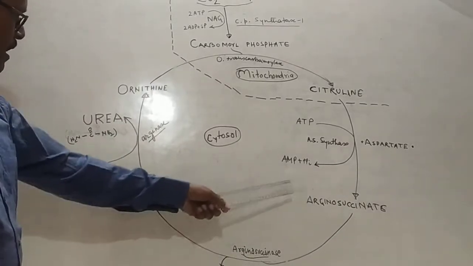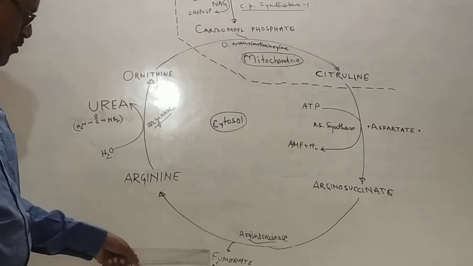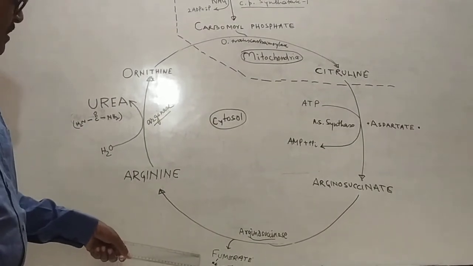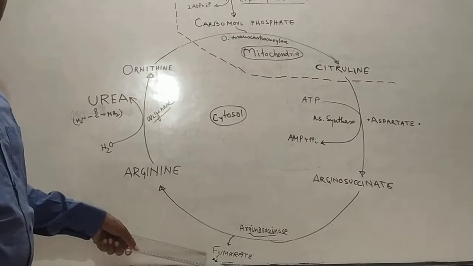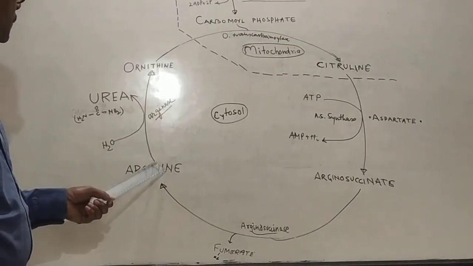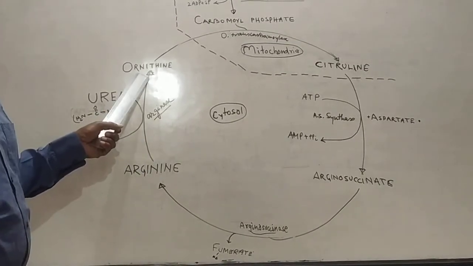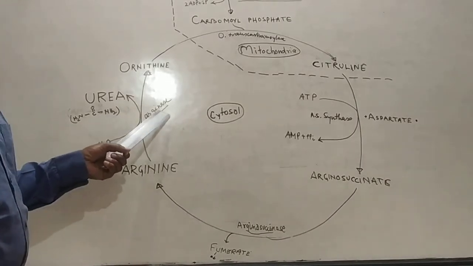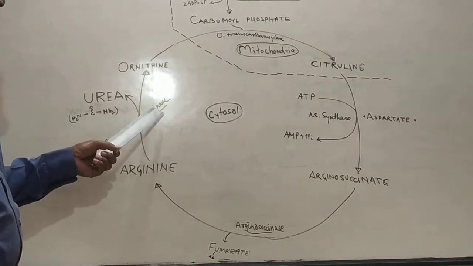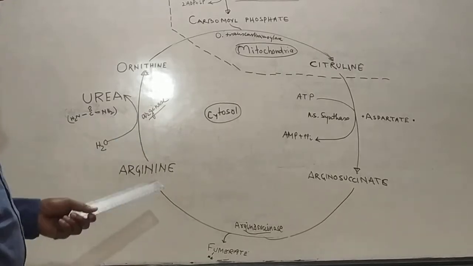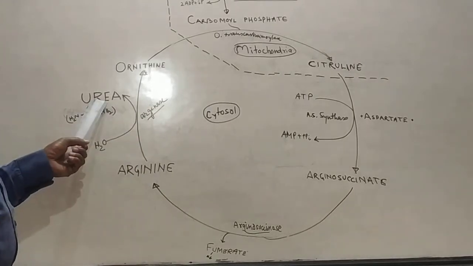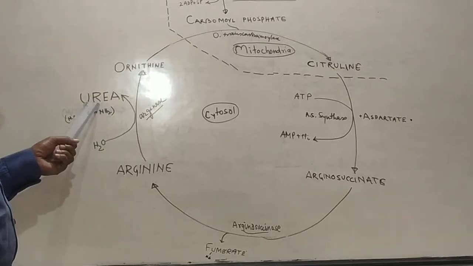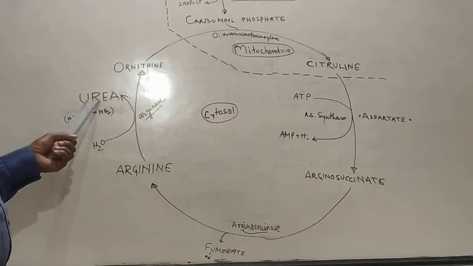When argininosuccinate gives arginine and fumarate, fumarate tends towards the Krebs cycle, and arginine converts into ornithine with the help of the enzyme arginase. At that time, urea synthesis takes place. That means this is the final product, urea.